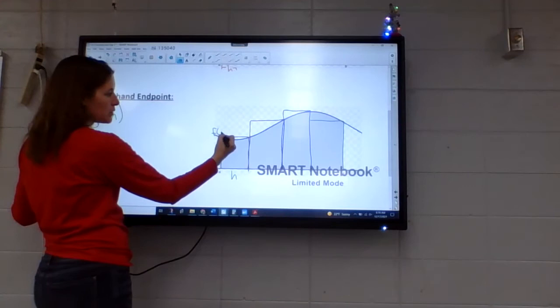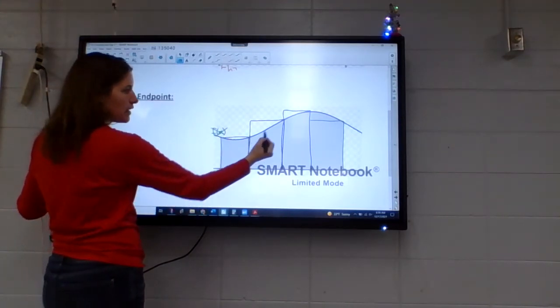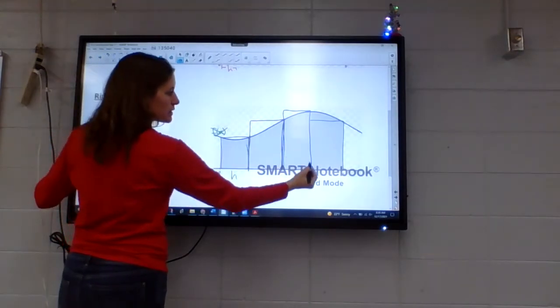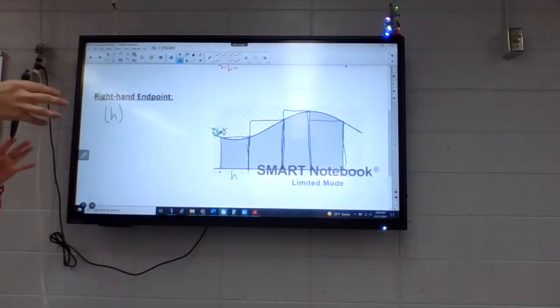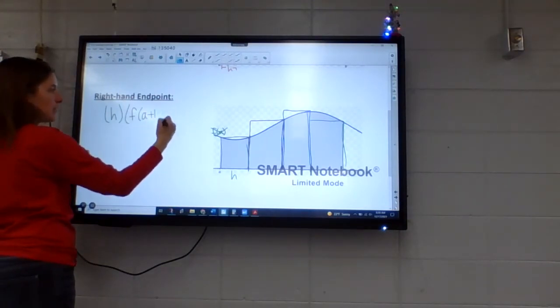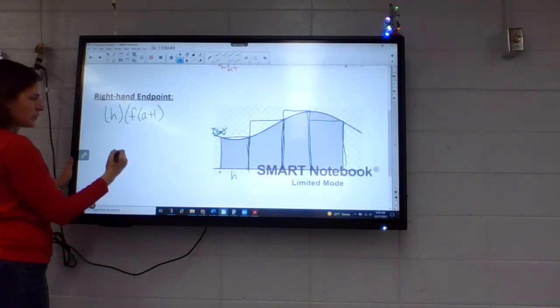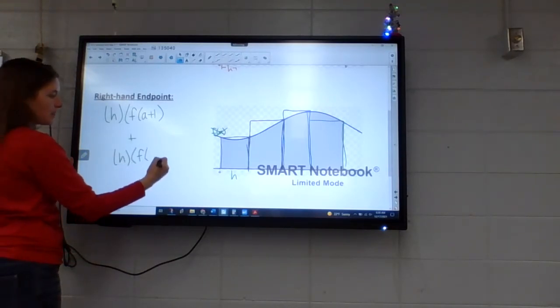This one's a hard one to see because we're using this side, this side, this side. So we're using basically 1 beyond a. So we're starting at f of a plus 1, and then all the way up to, and we're adding these all together, remember, f of b.